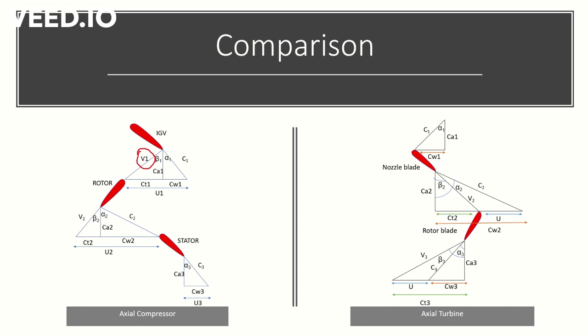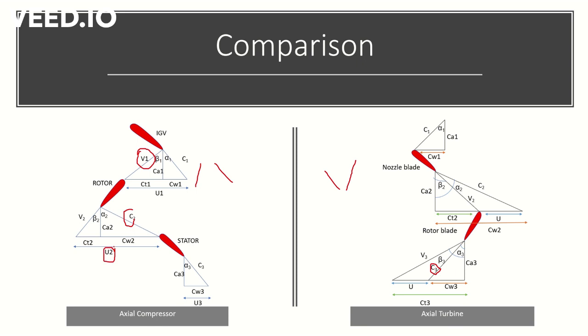In the compressor rotor the absolute velocity is increasing, but in the turbine rotor the absolute velocity is decreasing. This happens because, as I explained previously, in the axial compressor the blades are divergent, whereas in turbines they are convergent. This is the main reason and the main difference in behavior.